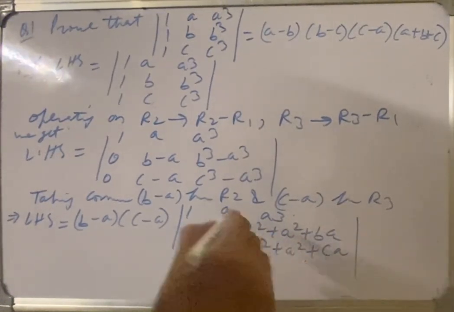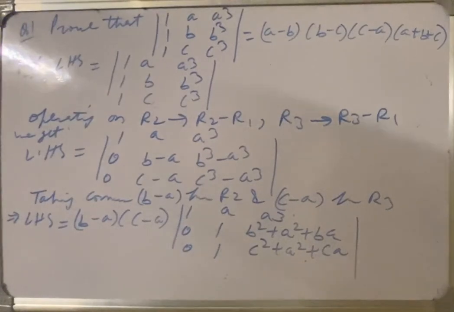Because we know that c cube minus a cube is (c minus a) into (c square plus a square plus ca).